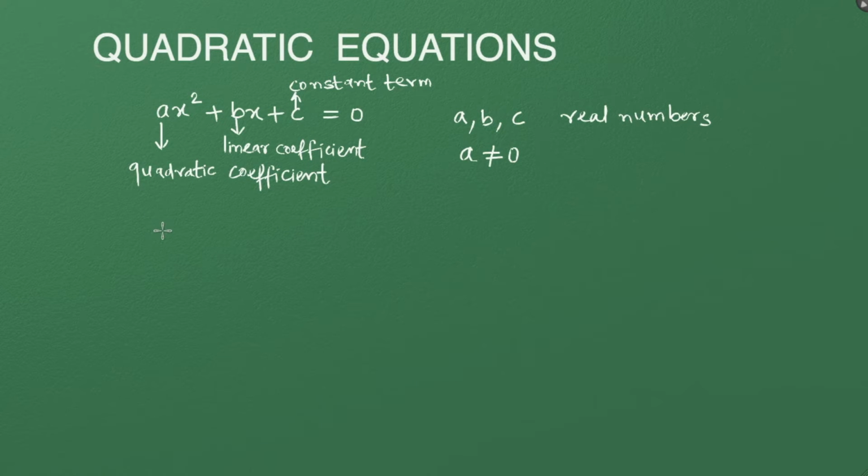In the given standard form of the equation, if I substitute a equal to 0, then I get 0 multiplied by x² + bx + c = 0. So this is 0 + bx + c = 0.